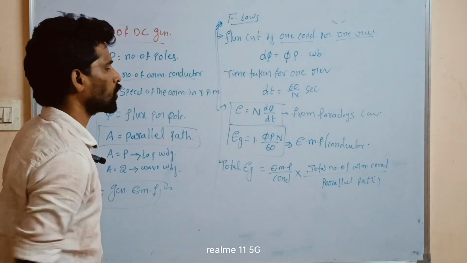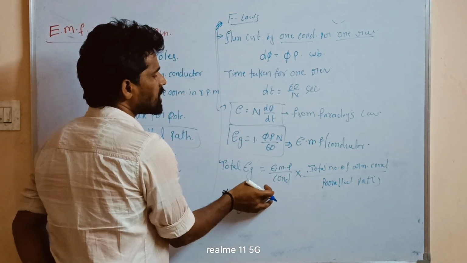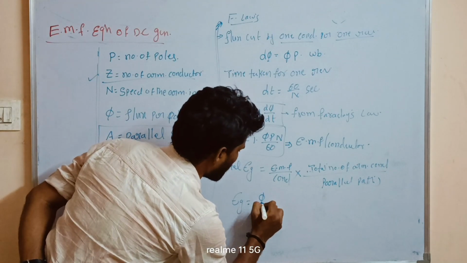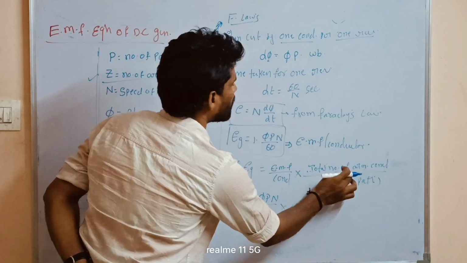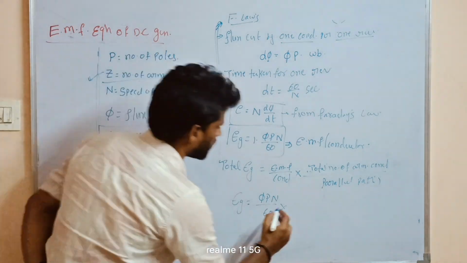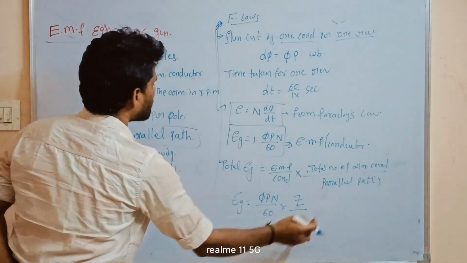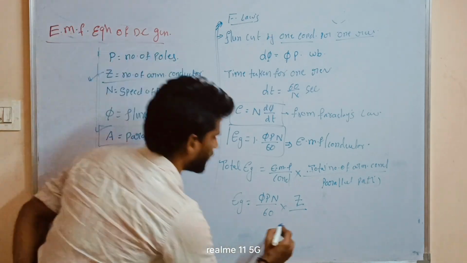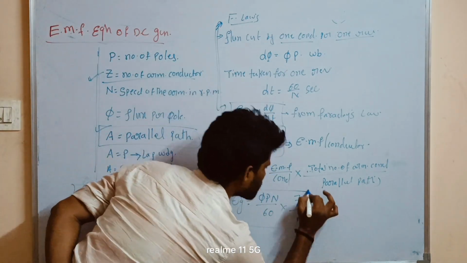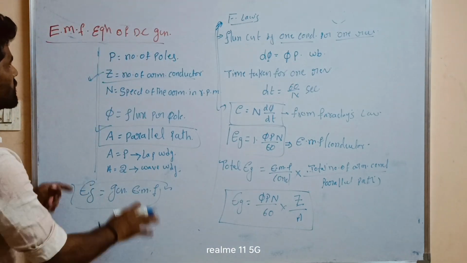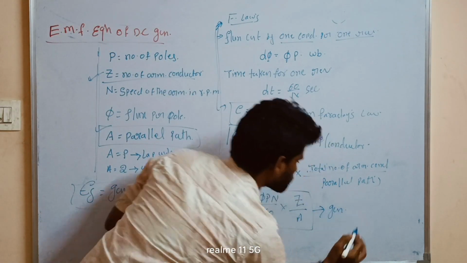Considering the total induced EMF, Eg is equal to the induced EMF per conductor, Φ P N by 60, into the total number of armature conductors, which we take as Z, and the total parallel paths, which we denote as A. So this is the final equation for induced EMF for a generator.